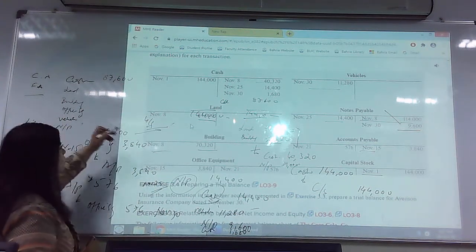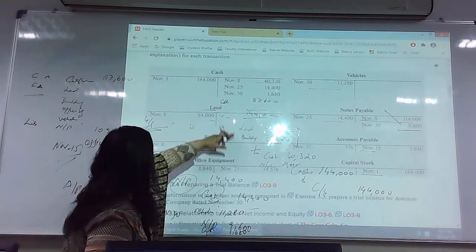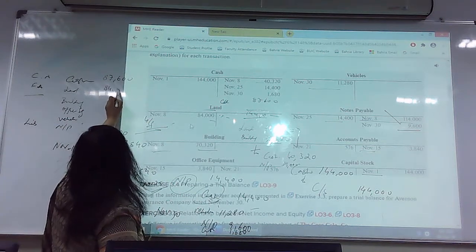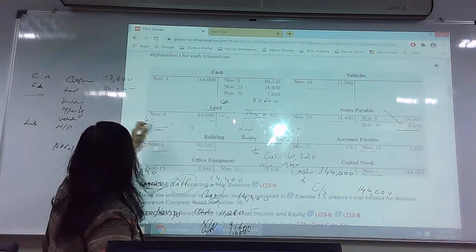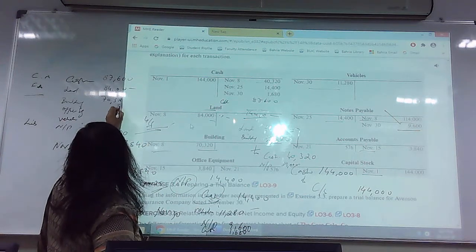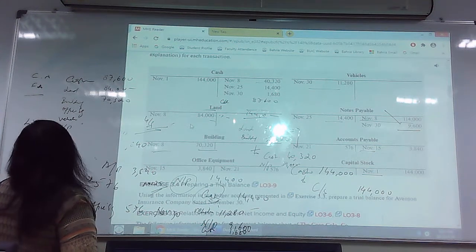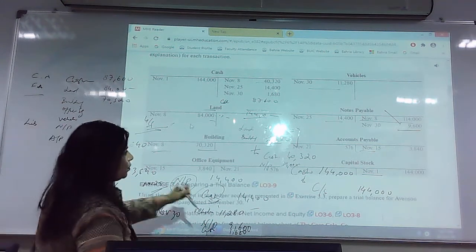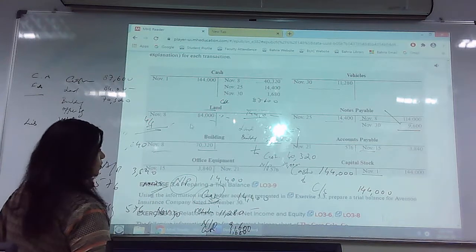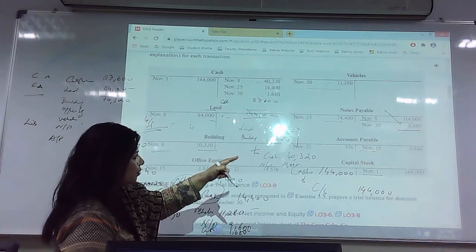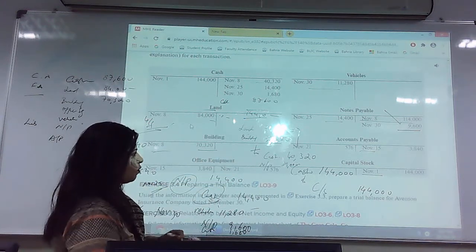Now again, land would be written as such, which is actually 84,000, because there are no further entries of land, and building is 7,320. Then there is also accounts payable. Now accounts payable is just one entry, and you know that this is the debit 3,840. There's also 576 as the debit and 3,840 as credit.